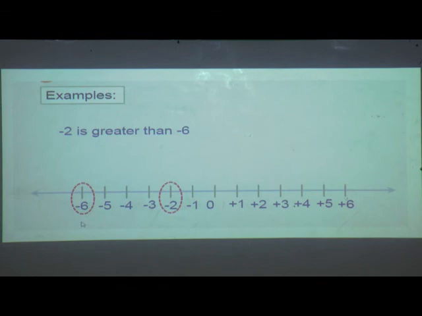So which is the greater number? -2 is the greater and -6 is the smaller. Remember students, as we are moving towards the left, the number decreases. So -2 is greater than -6.